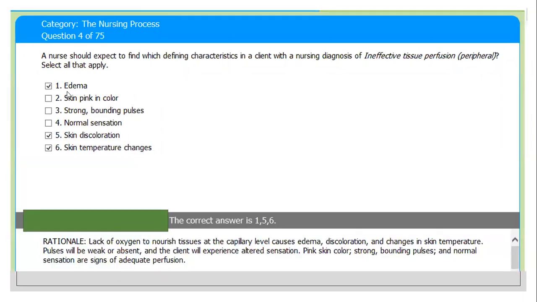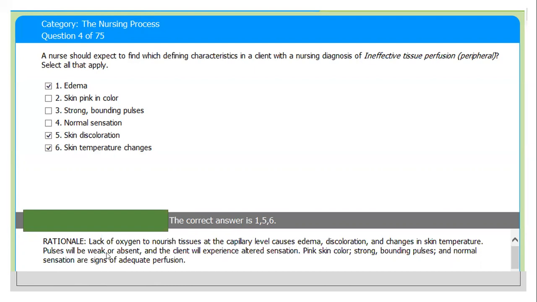The correct answer is edema, skin discoloration, and skin temperature change. The rationale: lack of oxygen to nourishing tissues at the capillary level causes edema, discoloration, and changes in the skin temperature.